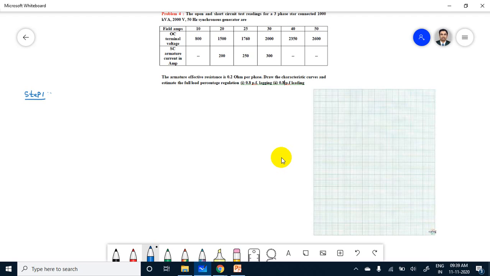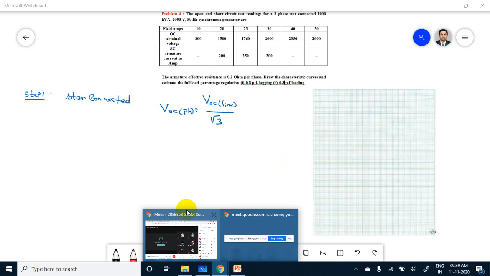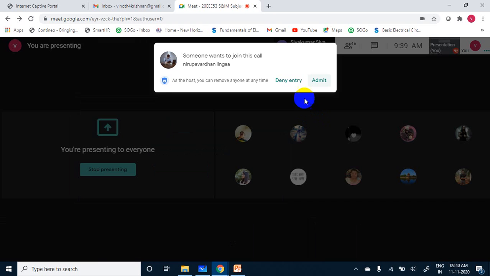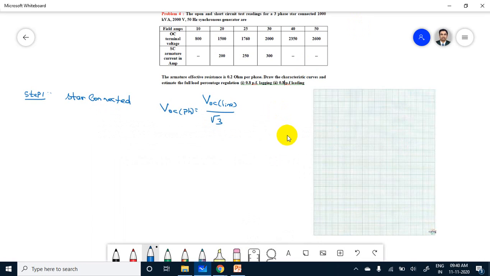The machine is star connected, the winding connections inside the machine. So we have to find VOC phase. VOC phase is equal to VOC line divided by root 3.